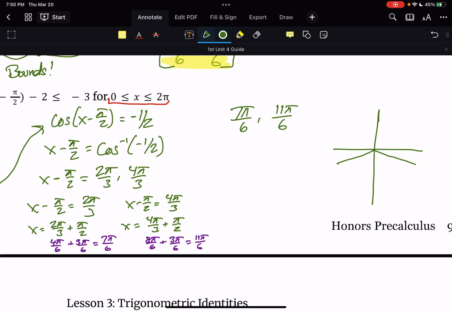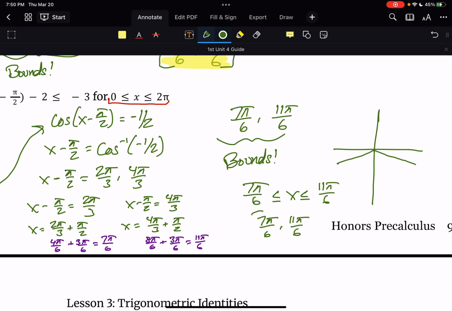And again, if we think about these as bounds, we know that the cosine is going to be less than or equal to in between everything in those two angles. So we can write this as 7 pi over 6 is less than or equal to x, which is less than or equal to 11 pi over 6. Or if we want to do interval notation, from 7 pi over 6 to 11 pi over 6, inclusive of both of these.